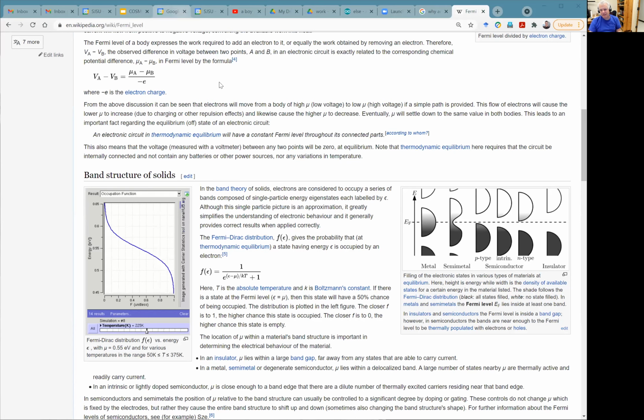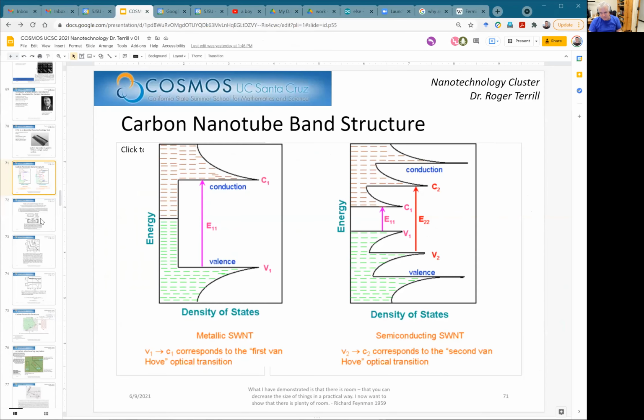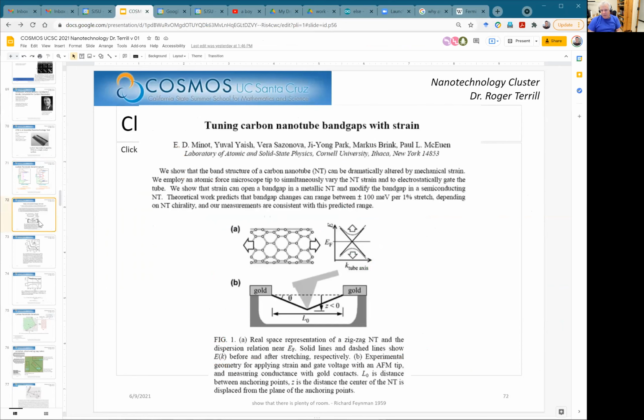So let's go back here. People have been thinking about this type of thing in nanotubes a lot, like what determines the electrical conductivity and the thermal conductivity and other things like that.